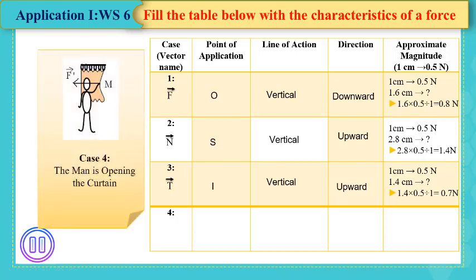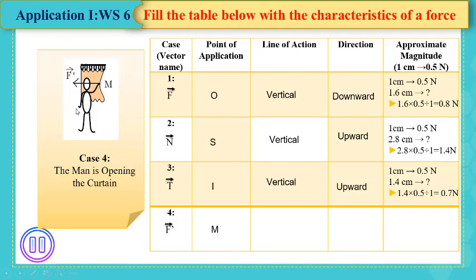The man is opening the curtain. What do we call this? What is the name of this vector? It is called F vector prime. Very good. What is the point of application? It is point M. Line of action, vertical, horizontal, or an oblique?